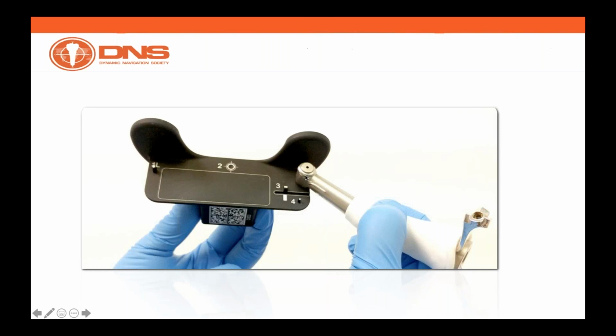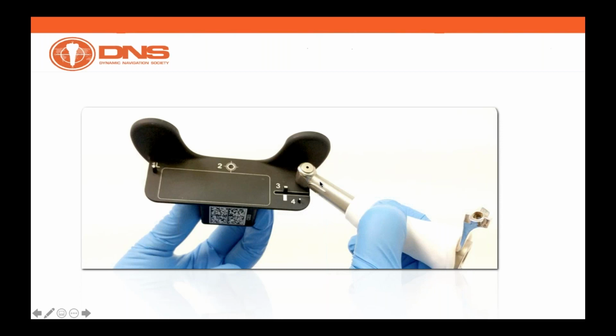So you put the chuck of your contrangle into the peg, and then you make a twist of a quarter of a circle in order to allow the software to know that you're using a specific contrangle.